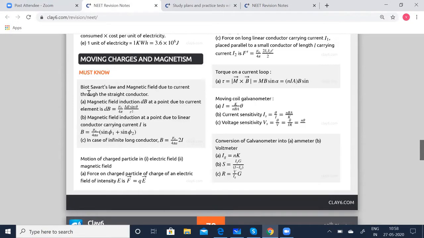Biot-Savart law and magnetic field due to current through a straight conductor. This is a very important law in moving charges and magnetism.